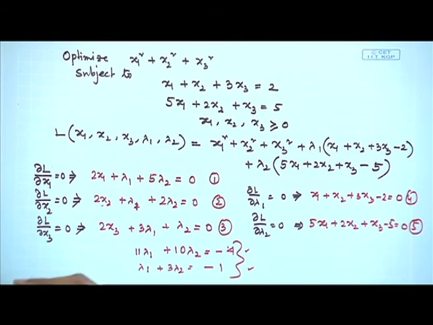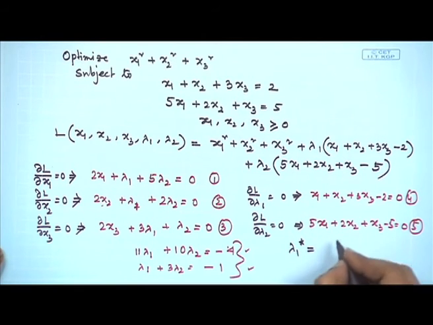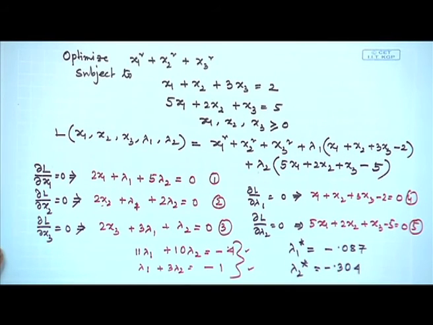From here we get the optimal values lambda 1 star equal to minus 0.087 and lambda 2 star equal to minus 0.304.